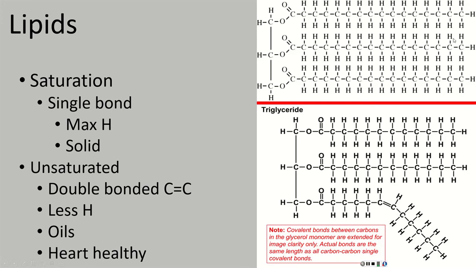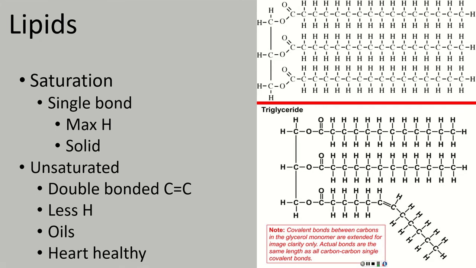There is the maximum amount of hydrogen. There are the maximum amount of covalent bonds because they are all single bonds. And if we look, we could see that these chains are very straight, and that gives it its firmness. That makes it a solid at room temperature.